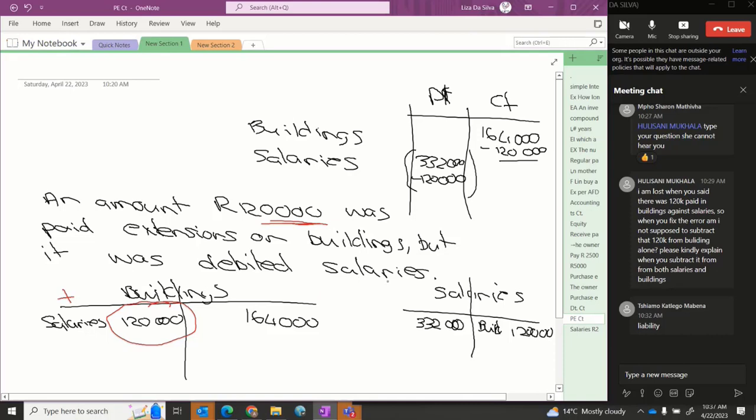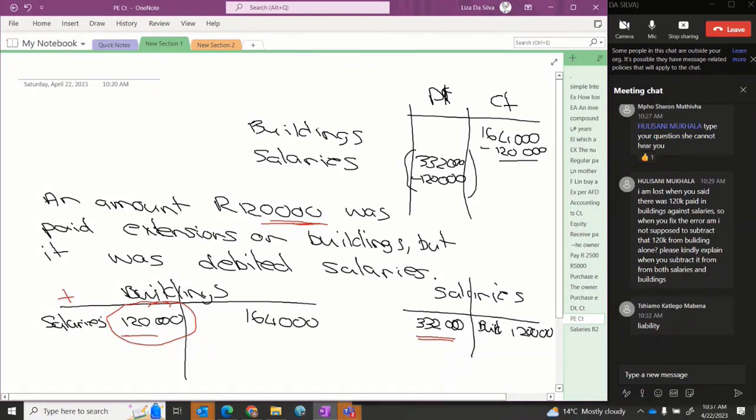But by closer inspection, they saw that they actually debited the salary account. So in this 332, there's 120,000 that's actually included there. To take it out of the salary account, you have to credit the salaries with 120,000 and then you correct it by putting it there.